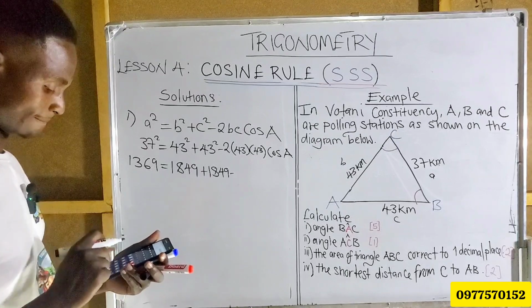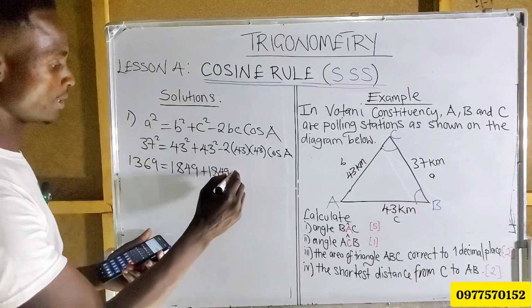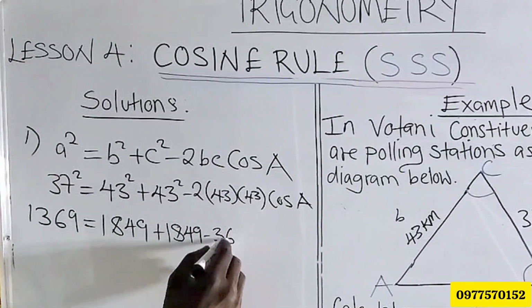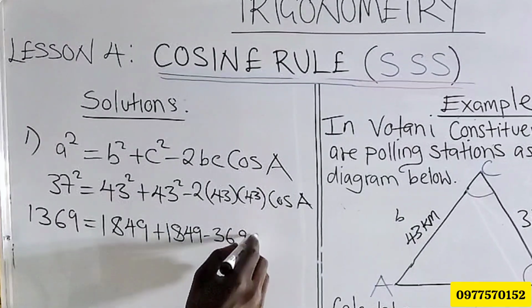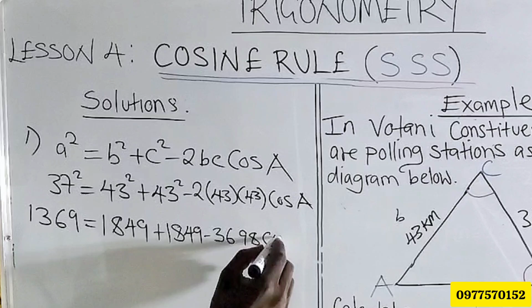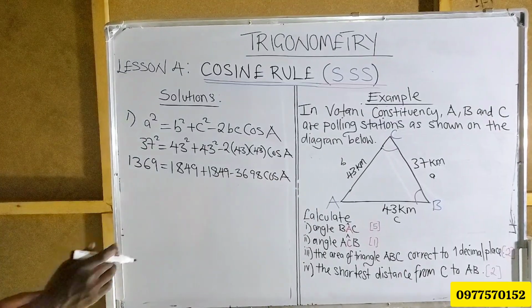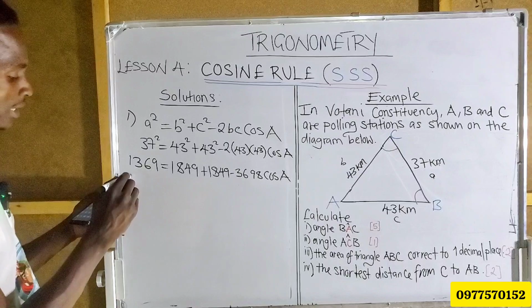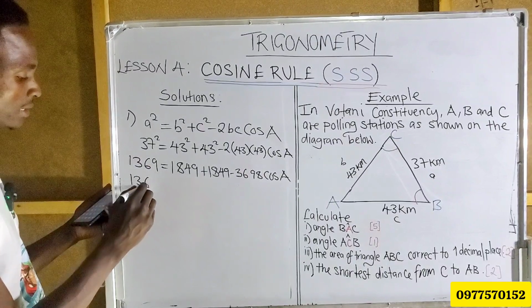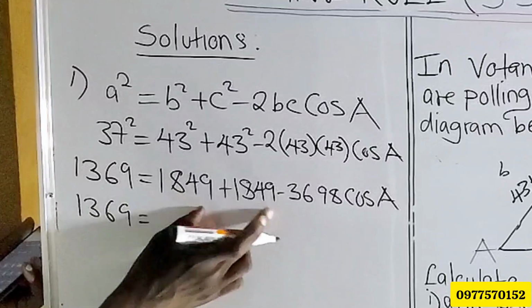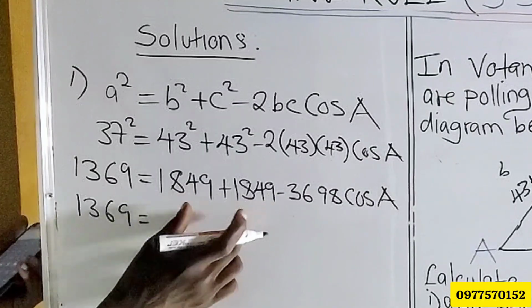We're going to have 3,698 cos A. Okay. Now, when you reach this stage, you can just rewrite this one as 1369 is equal to, let's add the first two here, add these two.